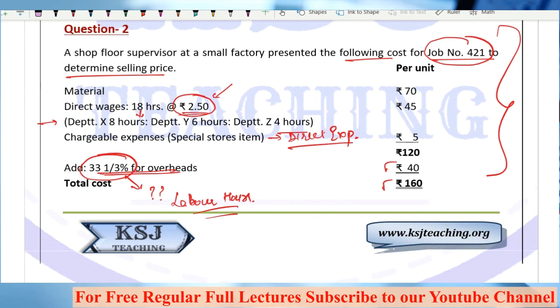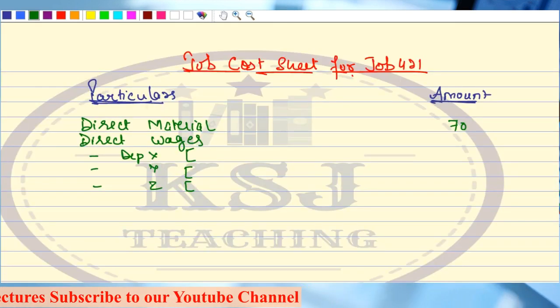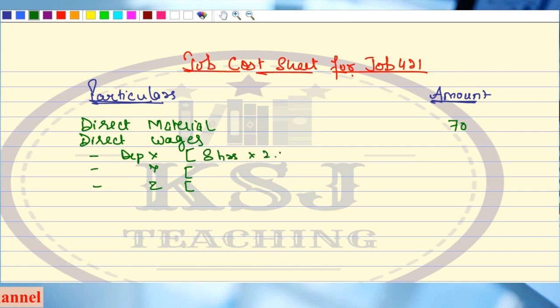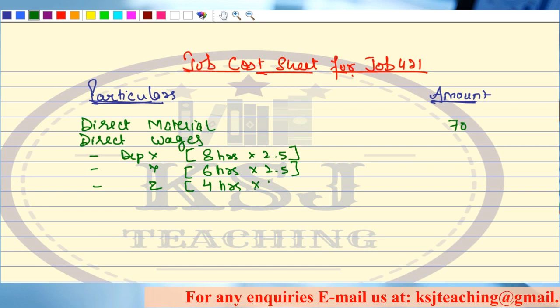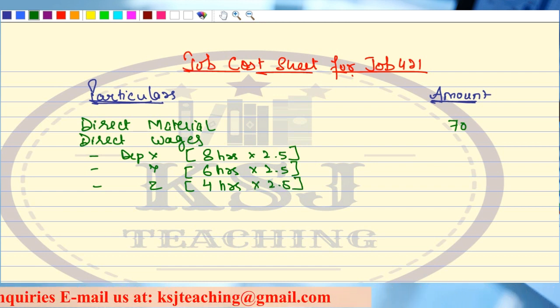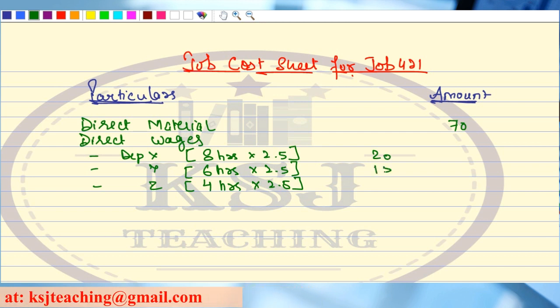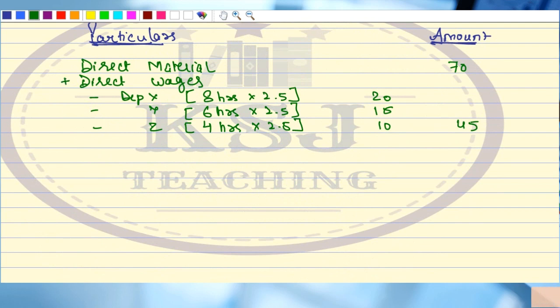The total value is given correct. 45 is correct. 8 hours multiplied by 2.5, then 6 hours multiplied by 2.5 and 4 hours multiplied by 2.5. Simple, right? So this is 20, 15 and 10. Total is 45. This is absolutely correct. No issues in that, right?